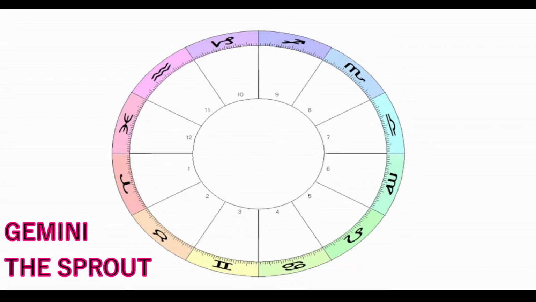The next sign that we have is Gemini. Gemini is the last month of spring, so it's a mutable sign, which means that it's concerned with change.